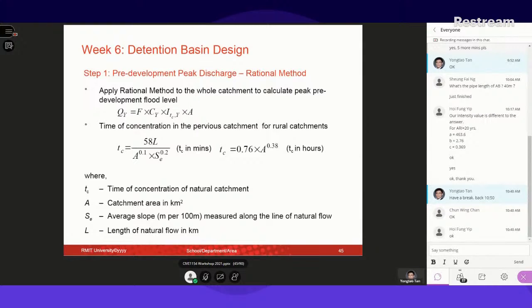This is quite a simple one. If we know the area, we can use this simple formula to estimate the time of concentration of the pre-developed area.